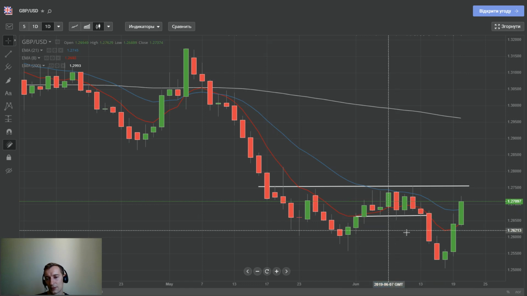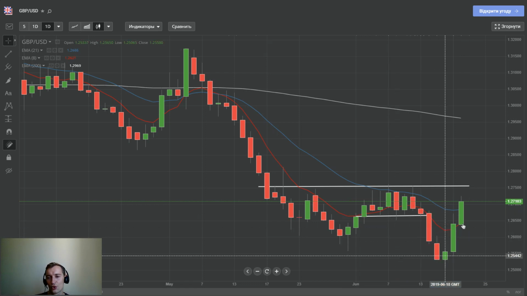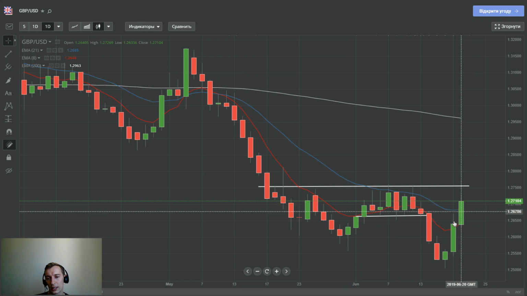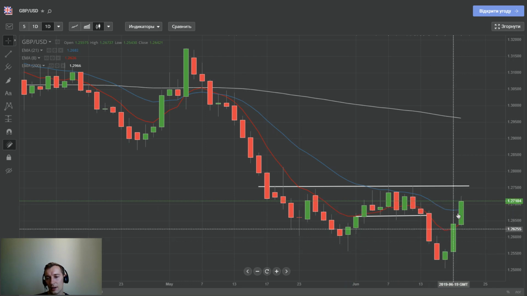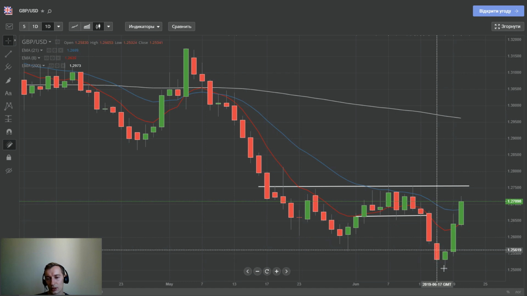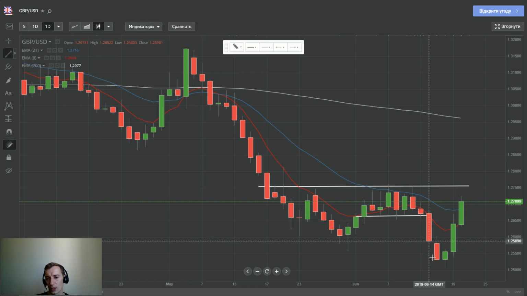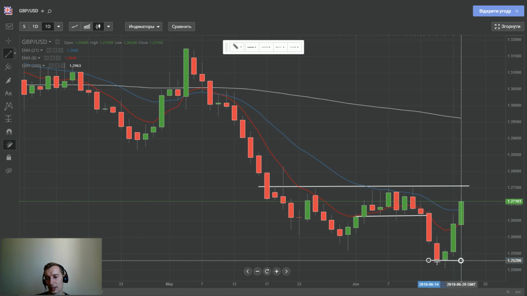Okay, but for now we have this nice strong reversal move. Look how powerful those 2 candles are, with this nice reversal candle. So actually it's pretty calculated. I missed this move, to be true, but you can see that we have the lows.